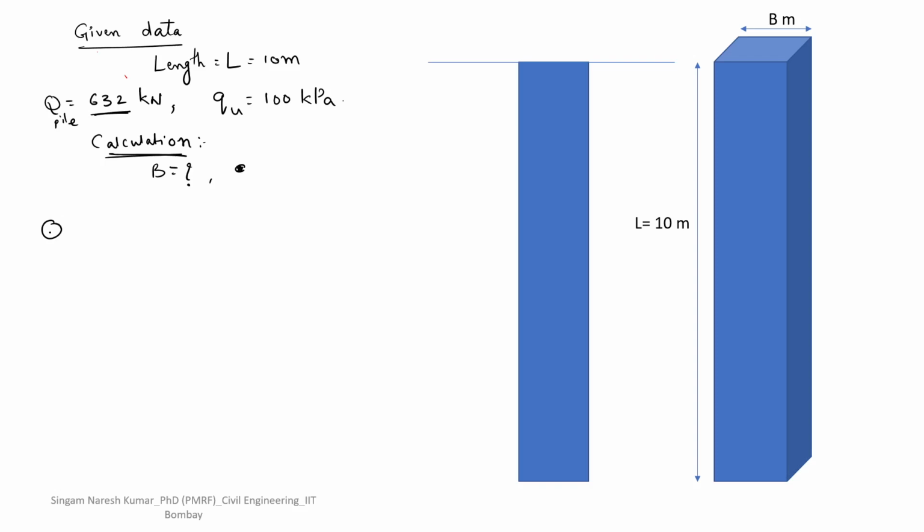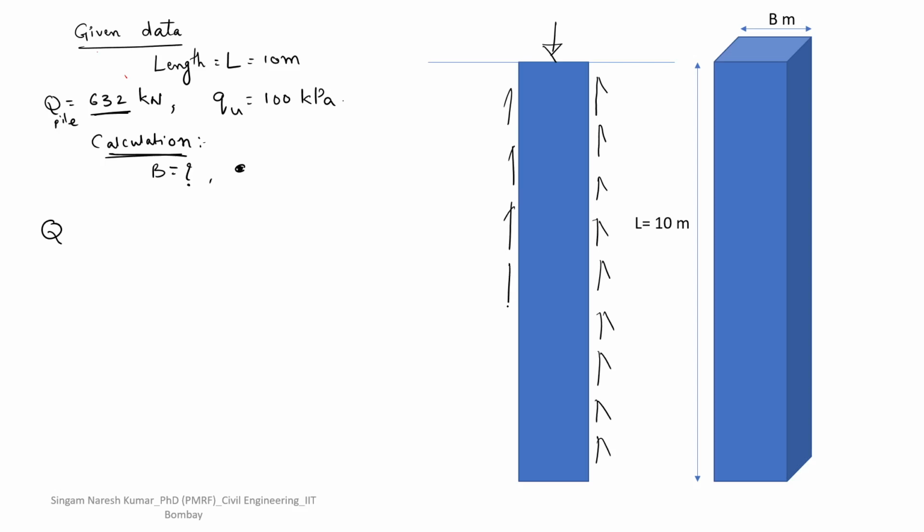The compressive capacity of the pile will be the resistance offered by the pile through its skin friction, right? There is a load from the top superstructure in the downward direction, and to oppose that there will be skin friction which develops along the length of the pile.